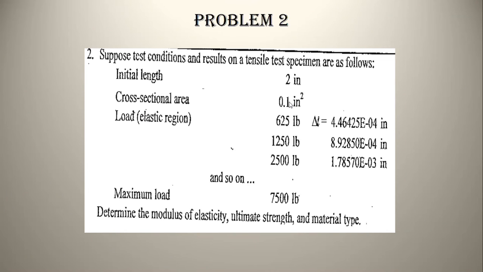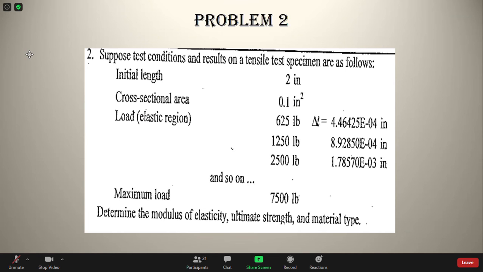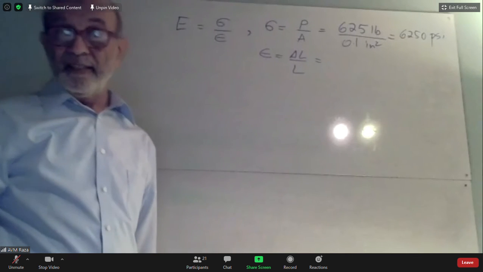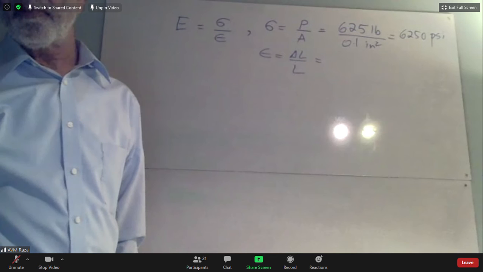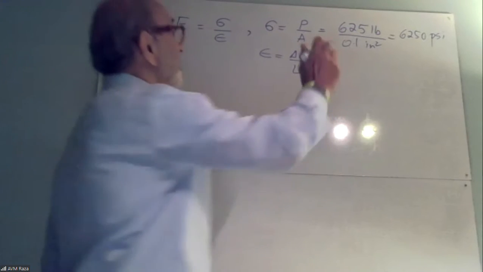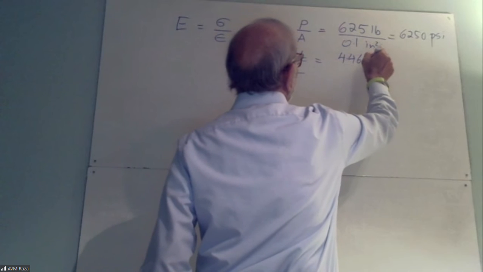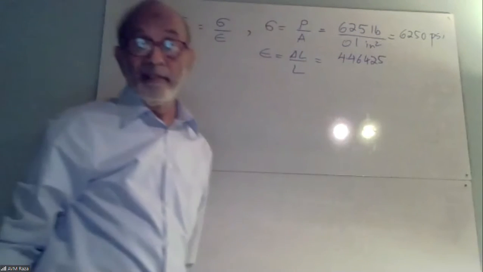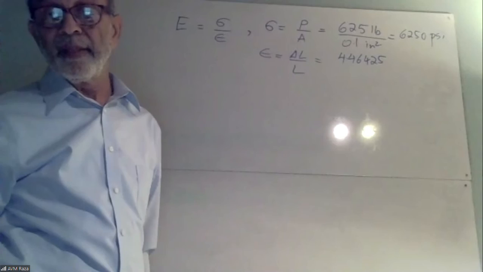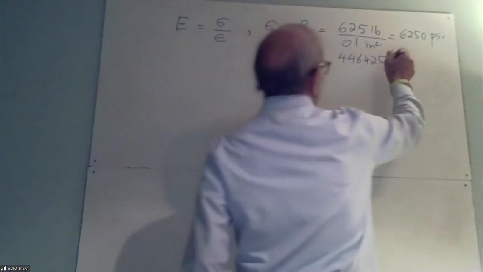And what's epsilon? So epsilon we need to find now. Epsilon is defined as delta L over L. In this case, when we loaded it to 625 pound, what was delta L? The value is given there, 4.46425 times 10 to the minus 4 inches.